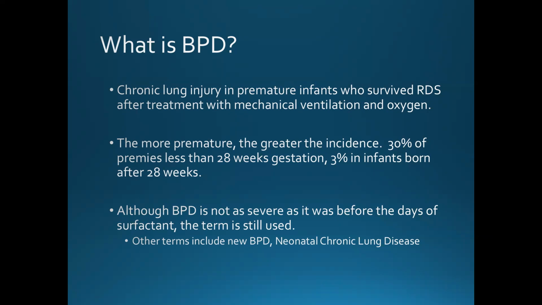The more premature, the greater the incidence. So 30% of preemies less than 28 weeks develop BPD, but only 3% of infants born after 28 weeks. So it's preemies that needed mechanical ventilation and oxygen. It's those three things that came together.